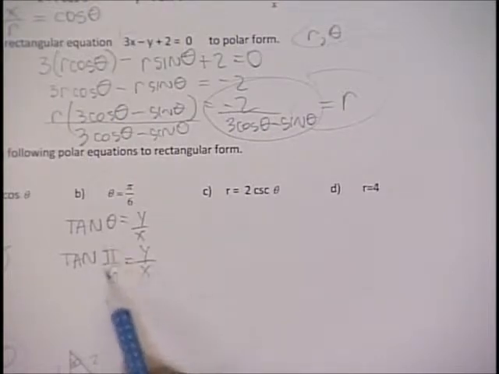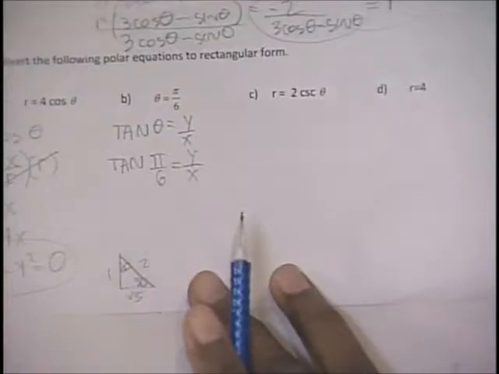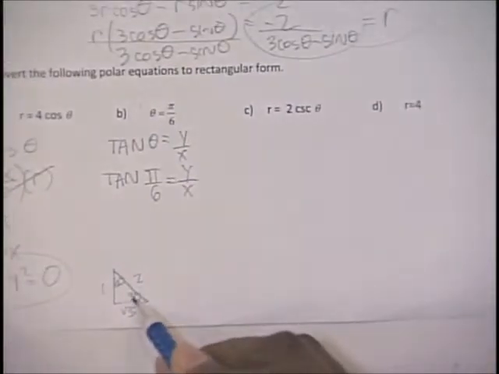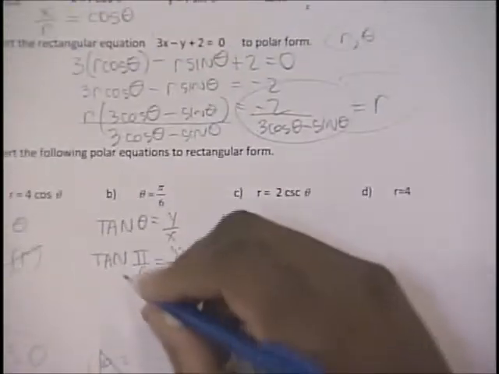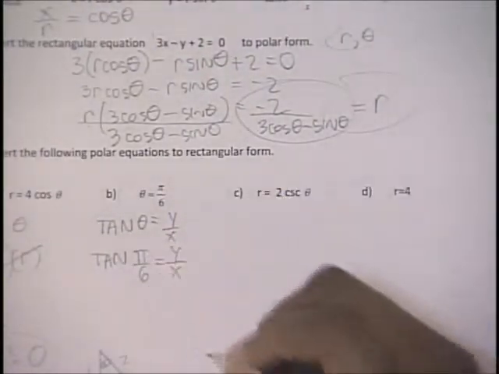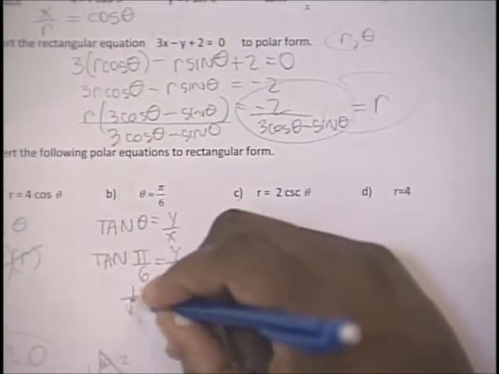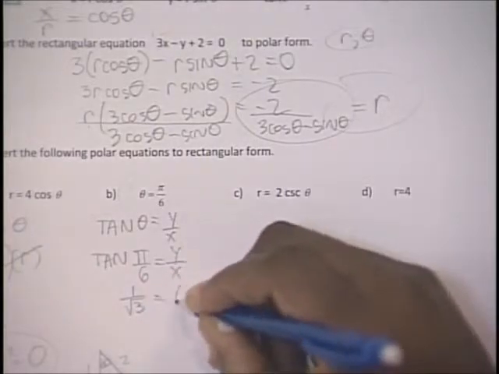Pi over 6 is the same thing as 30 degrees. The tangent of 30 is the opposite over the adjacent. Forgive me, you can't see what I'm doing. So the tangent of pi over 6 is 1 over radical 3, which is equal to y over x.